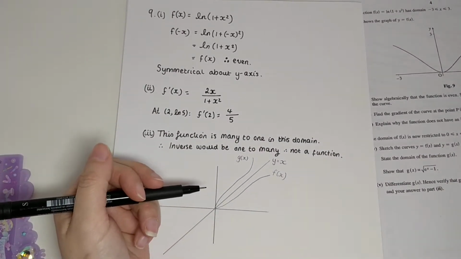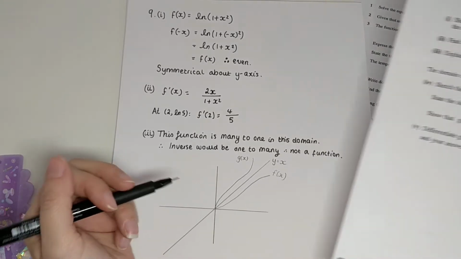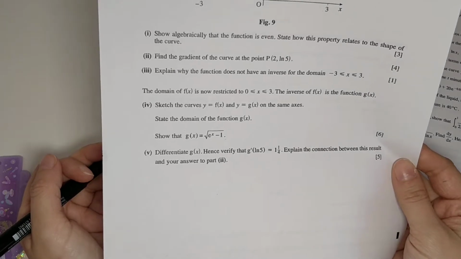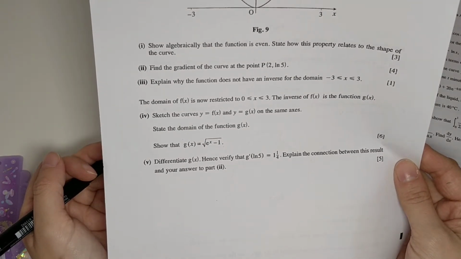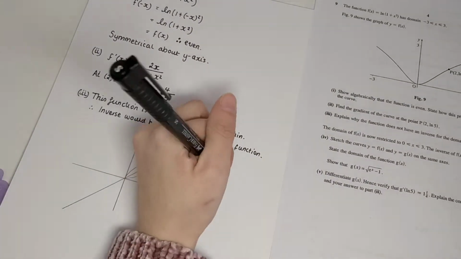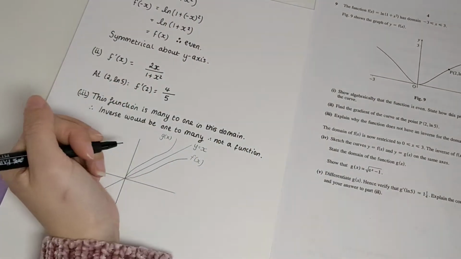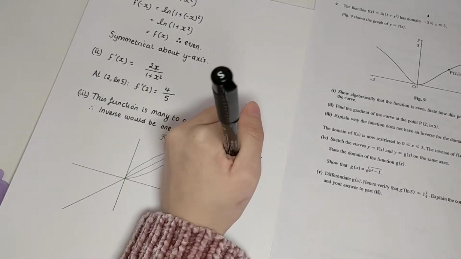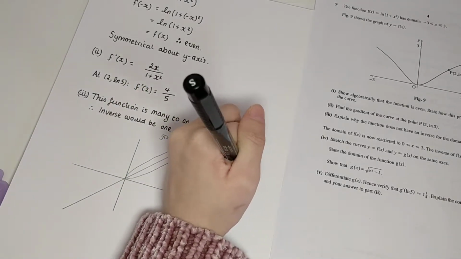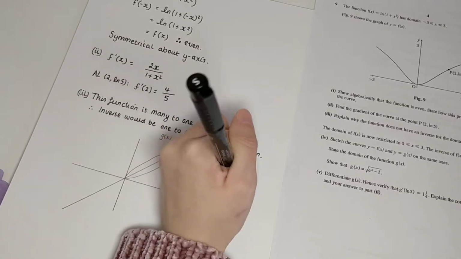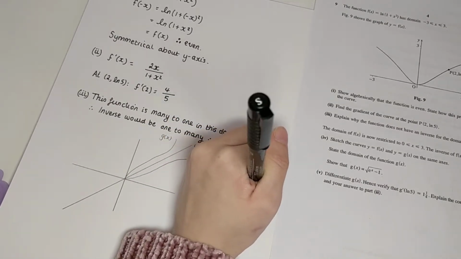Okay, what else did I have to do? Draw it on the same axes, state the domain. State the domain of g of x. So the domain of g of x is the range of f of x, because that's how that works. Let me just jot down f of x. The domain was -3 to 3.